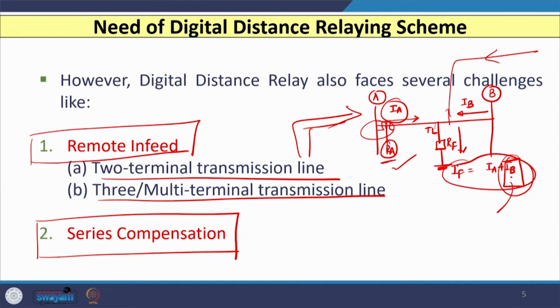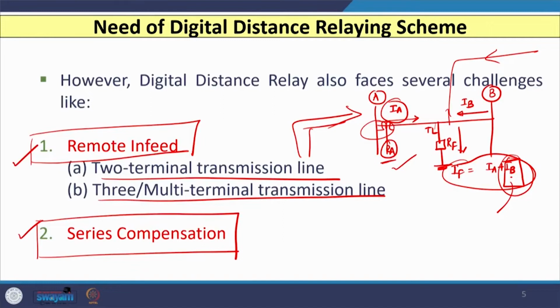We know that a transmission line can be an uncompensated line, or it can be a series or shunt compensated line. When we have an uncompensated line, the conventional distance relay or digital distance relay gives accurate results, there is no issue.